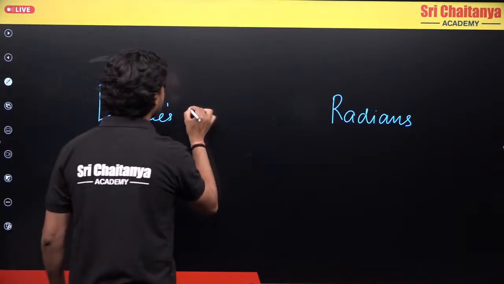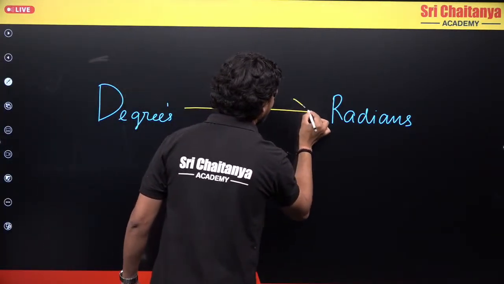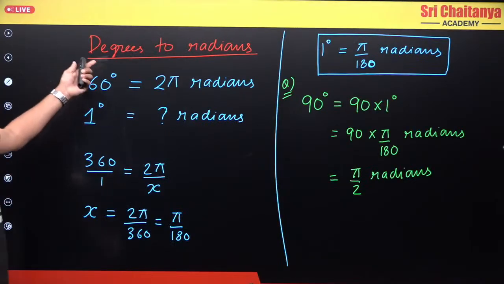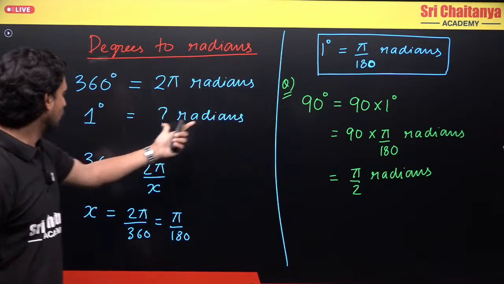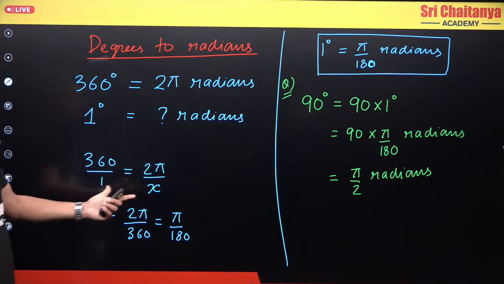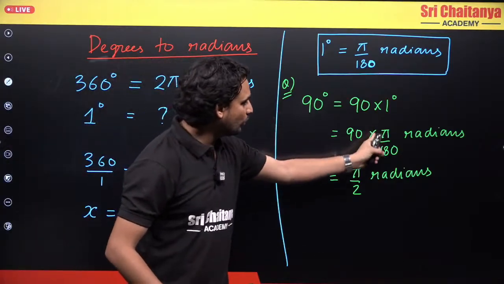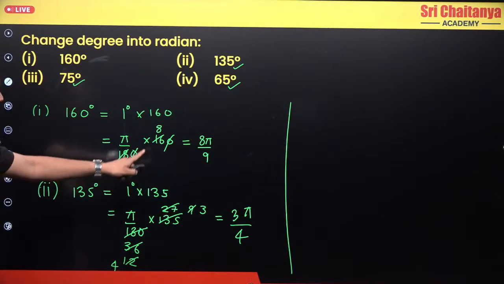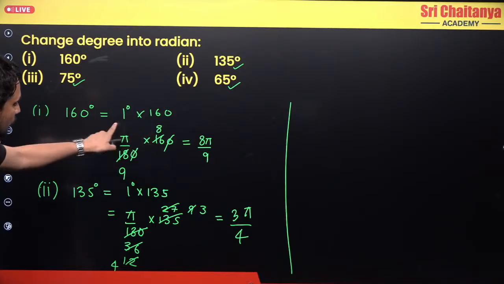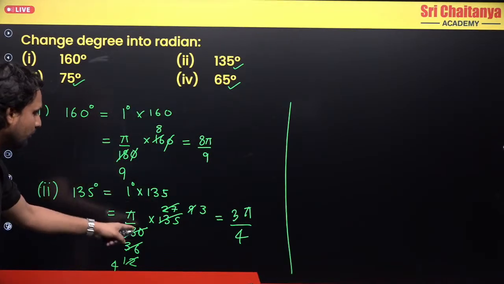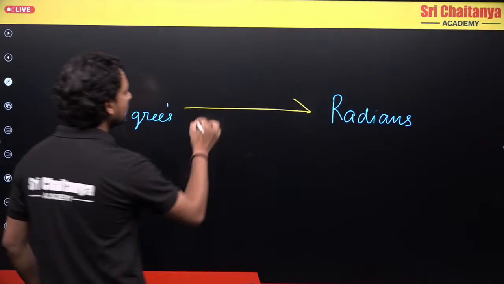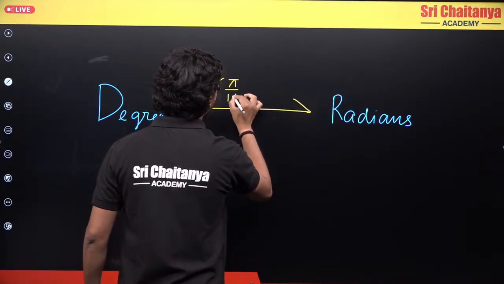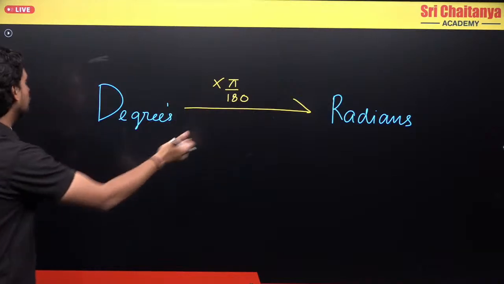Just look here. Basically what I am doing, I am multiplying this 90 into pi by 180, no? I am just multiplying it by pi by 180. If you look everywhere, 160 into pi by 180, 135 into pi by 180. So just multiply this by pi by 180. Okay, you will be able to convert your degrees to radians.